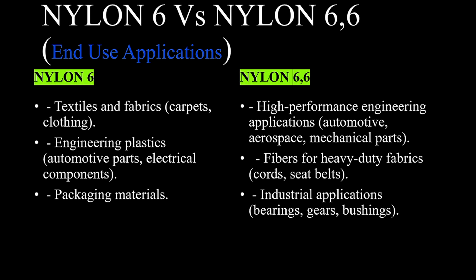Nylon 6,6 is used in high performance engineering applications, automotive, aerospace, mechanical parts, fibers for high duty fabrics, cords, seat belts, and industrial applications like bearings, gears, and bushings. These are the differences. Where high performance engineering or industrial high performance applications are required, nylon 6,6 is preferred.